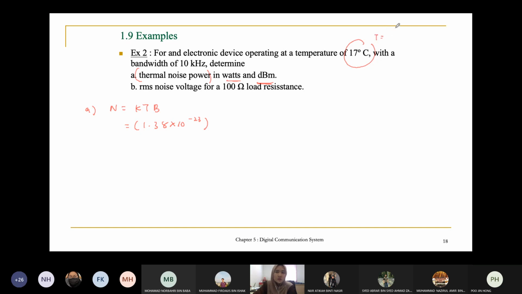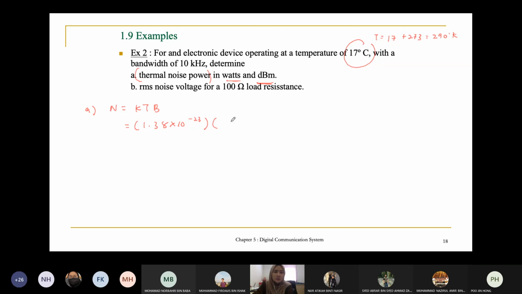So T is equal to 17 plus 273. So you will get 290, correct? 17 plus 273 is 290. So this is 290 Kelvin.